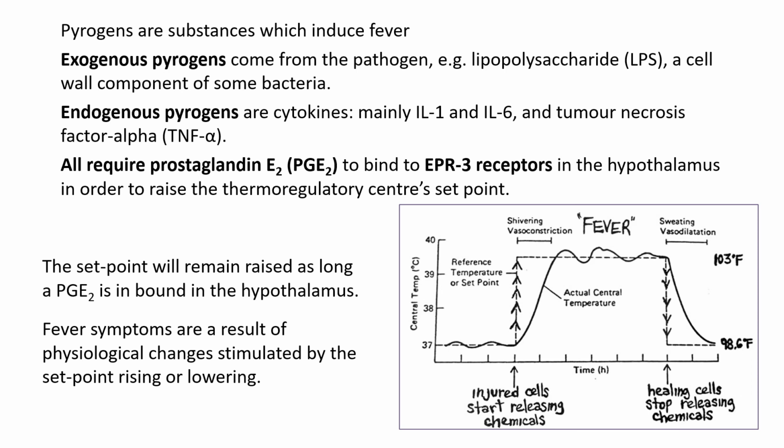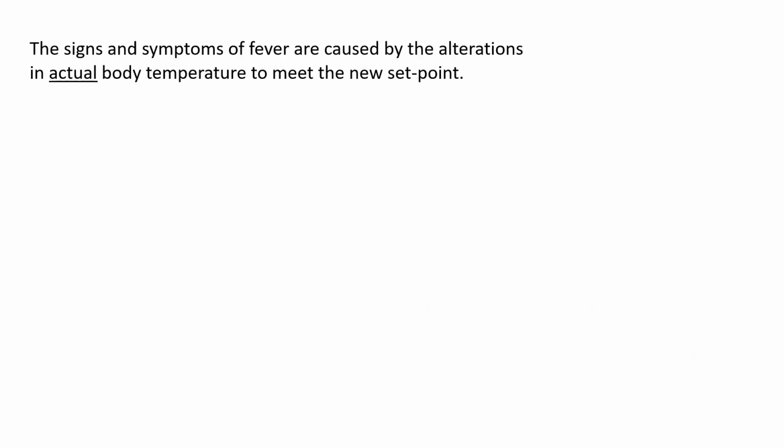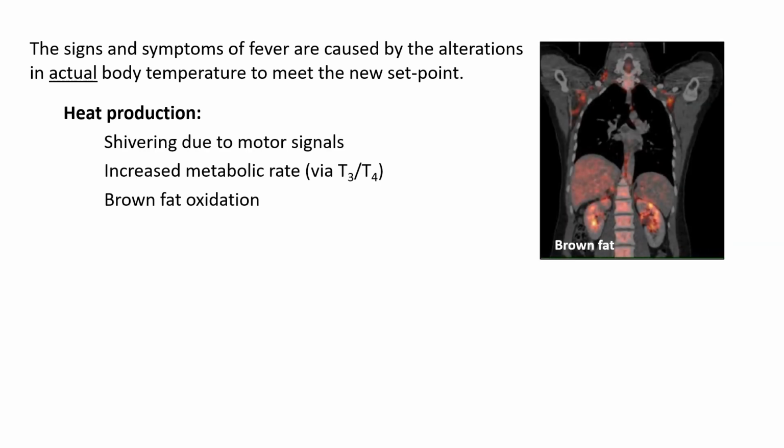Once we bring the set point back down, of course, the body has to respond by lowering actual temperature to meet the new lower set point. And this is where we see signs such as sweating and vasodilation. So the signs and symptoms of fever are caused by the alterations in actual body temperature to meet the new set point, whether that be higher or lower.